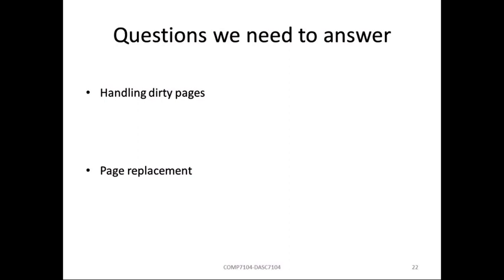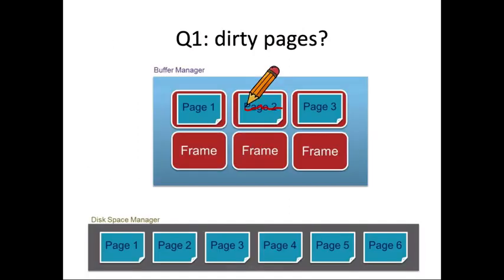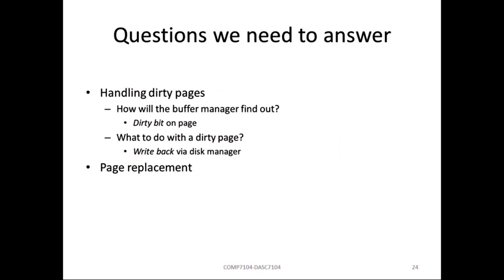So let's start now the discussion, first of all, with dirty pages, pages whose buffer copy has been modified, pages whose secondary copy has been modified. So this is illustrated here. First of all, let's see what we need as main ingredients for handling dirty pages.